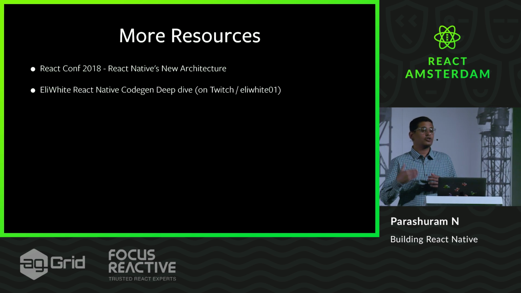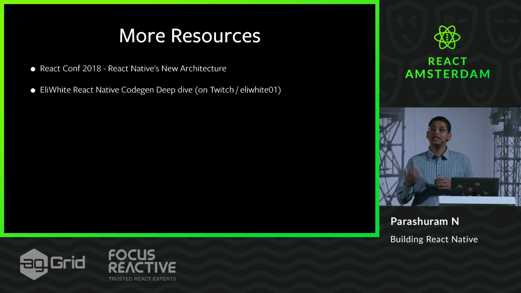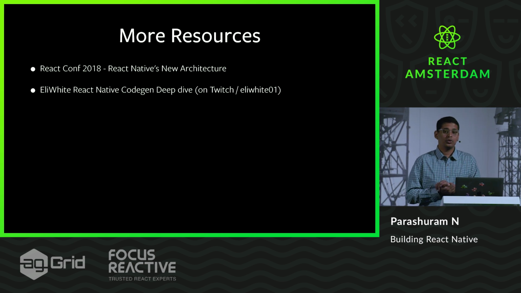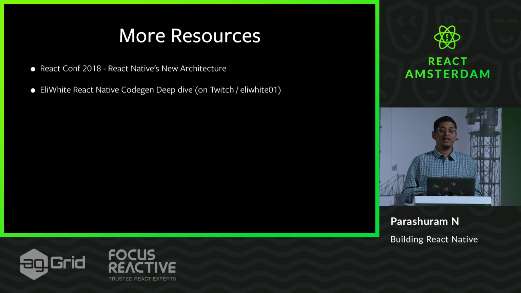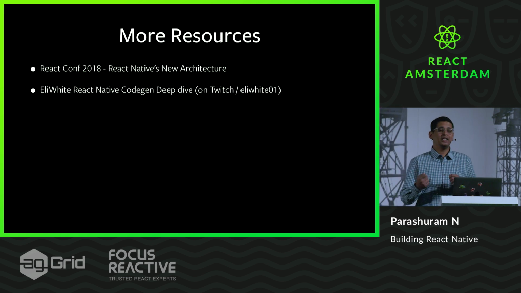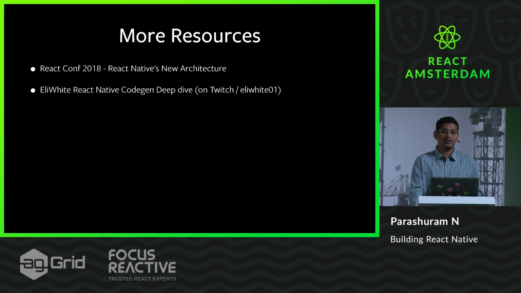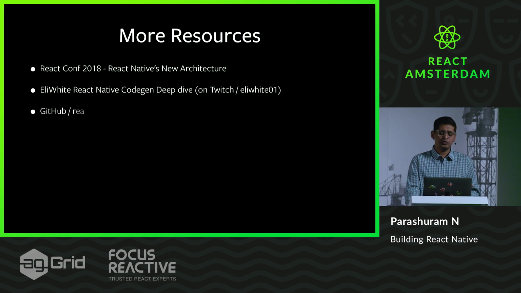Similarly, a lot of CodeGen is already starting to work, and we definitely need community help there. So I would recommend Eli's React Native CodeGen deep dive. This was mostly an internal talk that Eli gave to the team, and then we decided that because it's going to be useful for the community also, we recorded it and published it. So this is also super useful to look at.